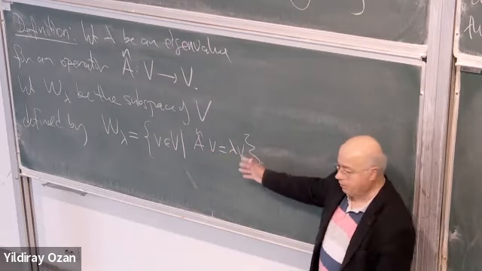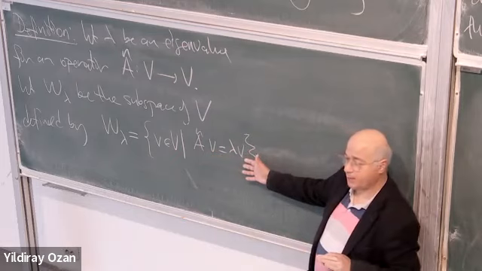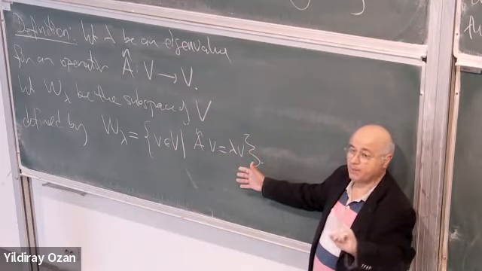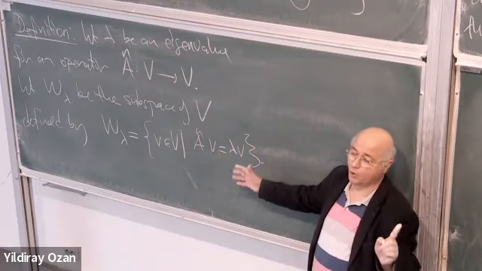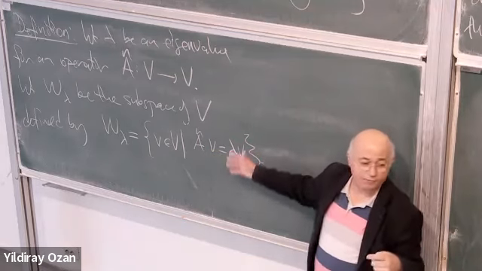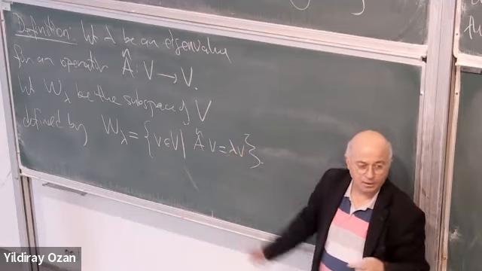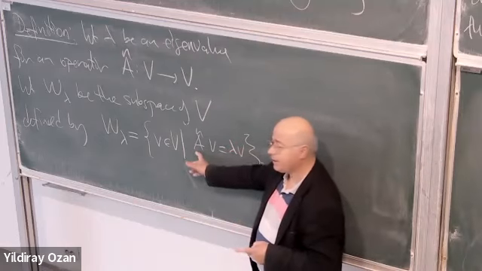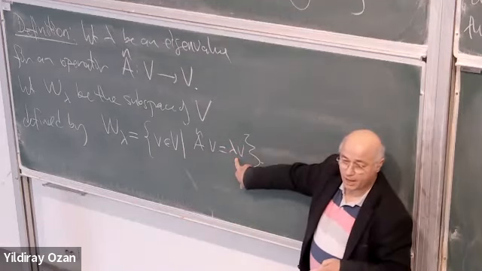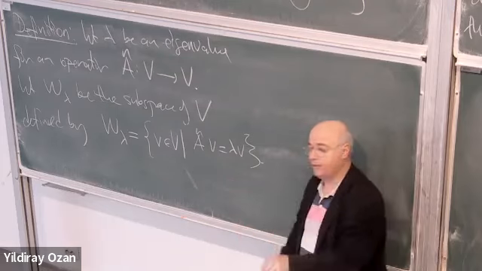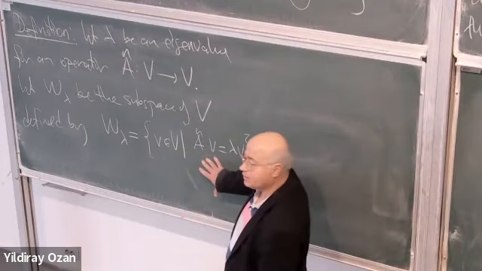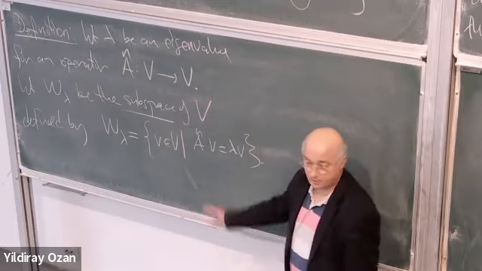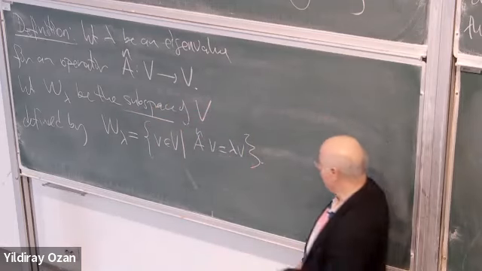So this is a vector space. It has the zero element, but except the zero element, all the other vectors are non-zero, therefore they are eigenvectors. So they are eigenvectors of A hat corresponding to this eigenvalue plus the zero vector. Here I said it's a subspace, but this needs a proof, of course.